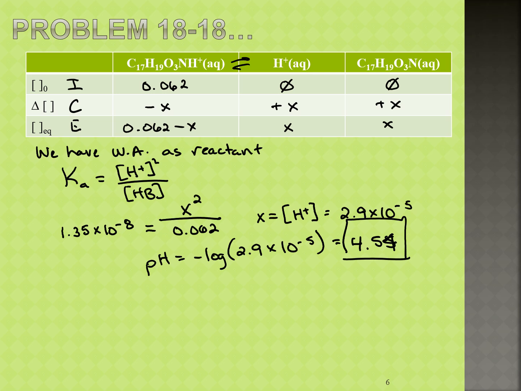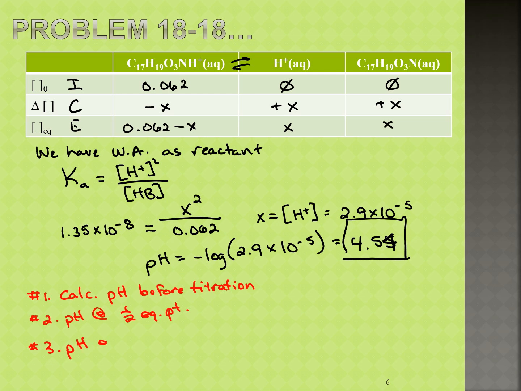All right, so I'm going to tell you, whether it be strong acid, strong base, weak acid, strong base, or strong acid, weak base, we want to be able to calculate the pH before titration, the pH at 1/2 the equivalence point, and the pH at the equivalence point.